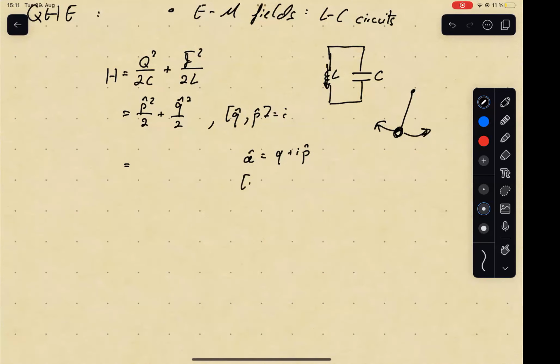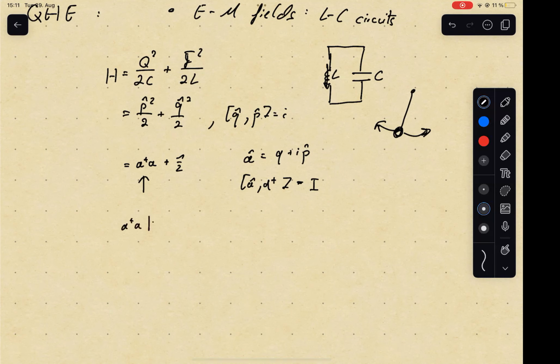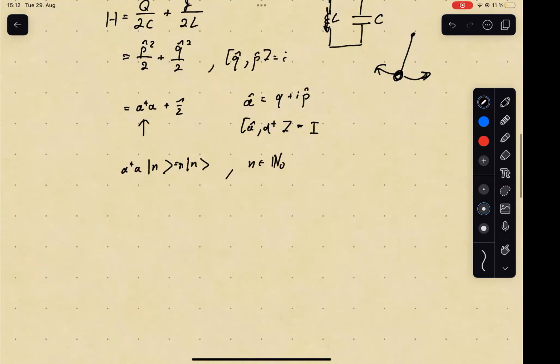Due to the commutation relationships, A and A dagger also get a commutation relationship given by the identity, using which you can ultimately show that this Hamiltonian diagonalizes as A dagger A plus 1/2, and A dagger A, this operator, actually has an integer spectrum. So A dagger A acting on n gives n, where n is some natural number.